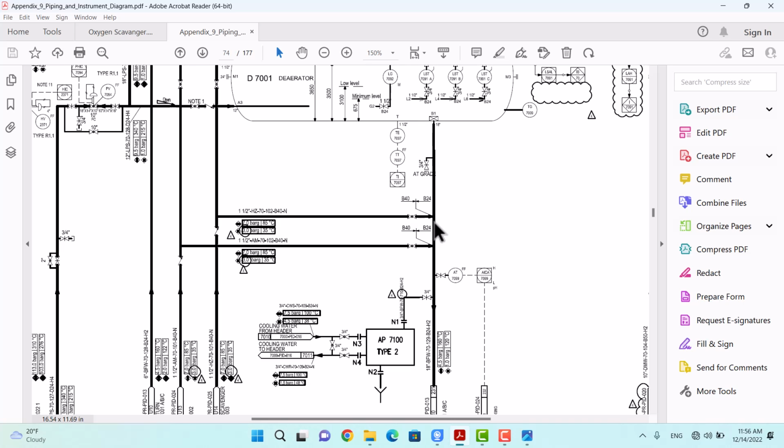So here, before entering the steam drum and boiler, I inject the chemical so that the oxygen scavenger will have sufficient time to react with the oxygen in the piping.